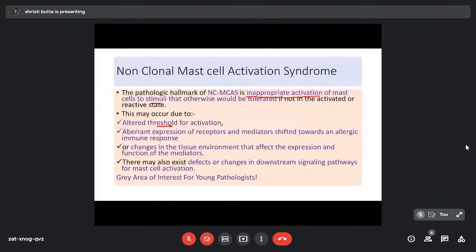Aberrant expression of receptors and mediators shifted towards an allergic immune response, or changes in the tissue environment that affect the expression and function of the mediators.